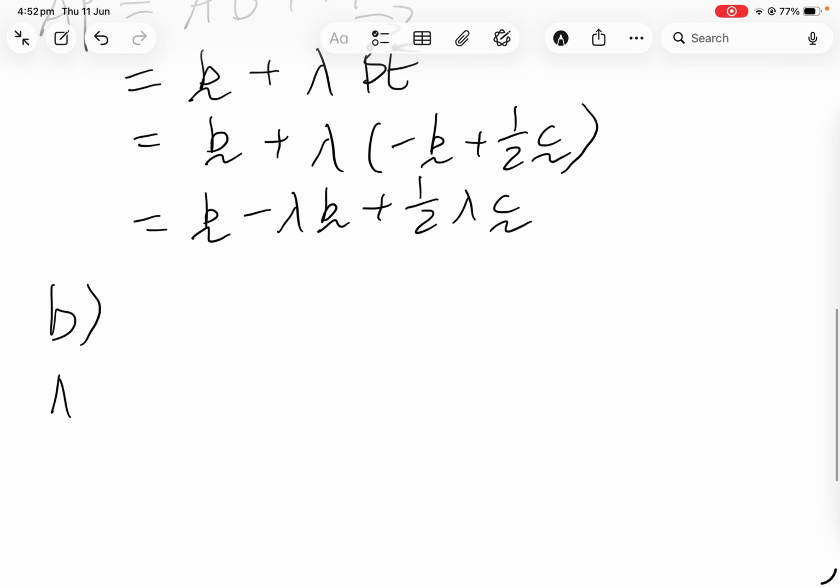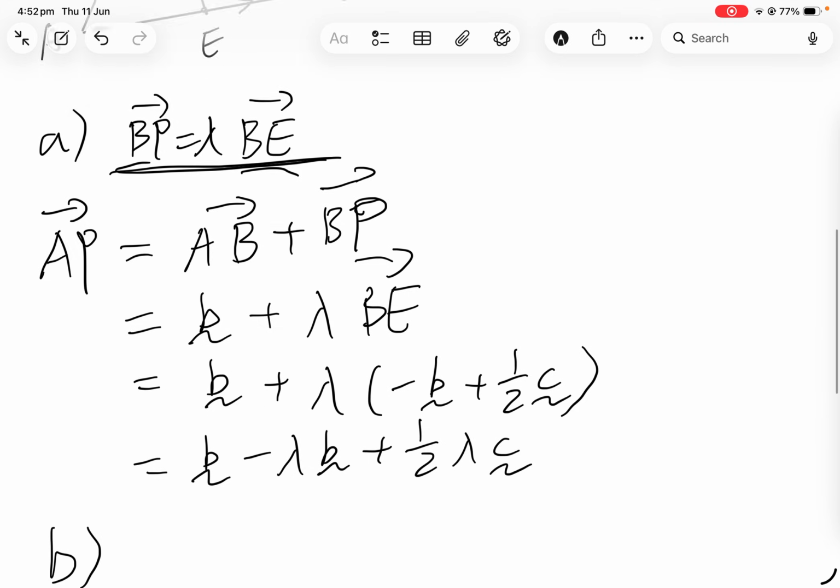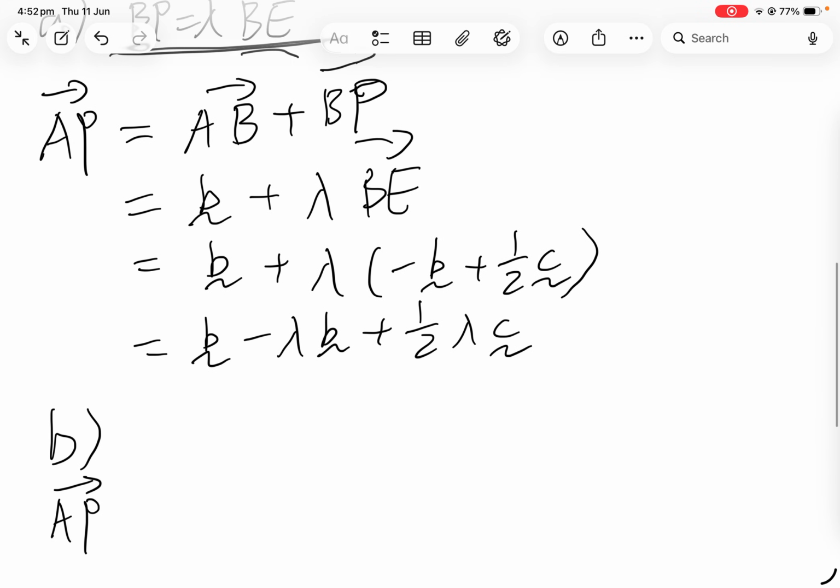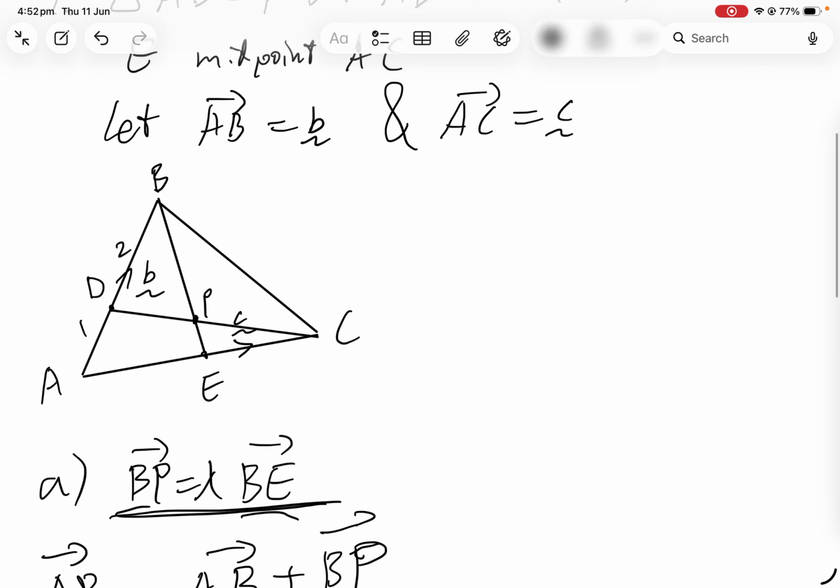So yeah, let's do that. So AP, let's write the thing first. It says DP equals mu DC. Okay, so we should use DP.